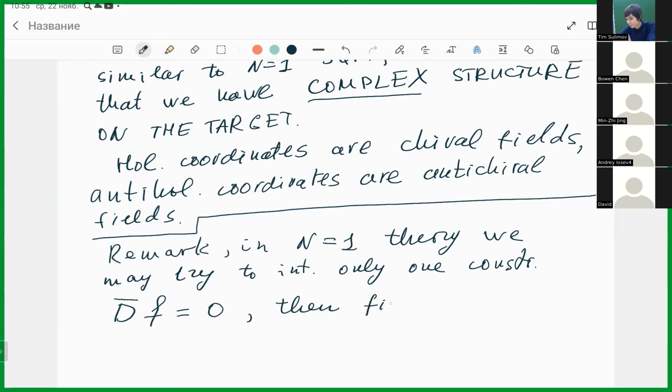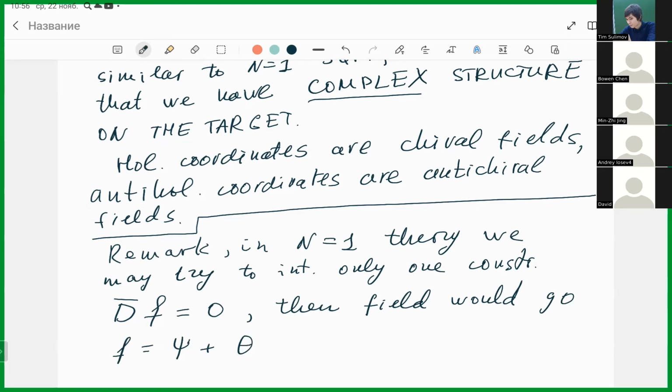Then the field would start with fermionic field. So what you may try to write?